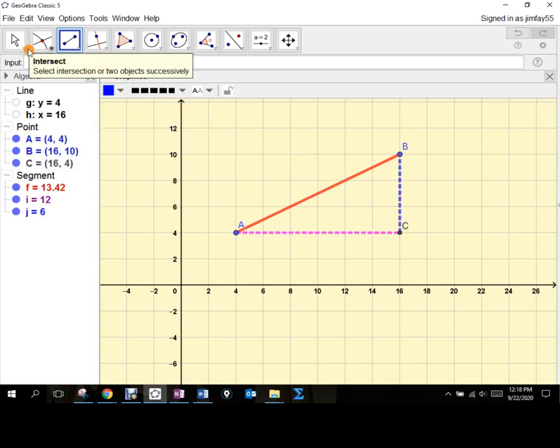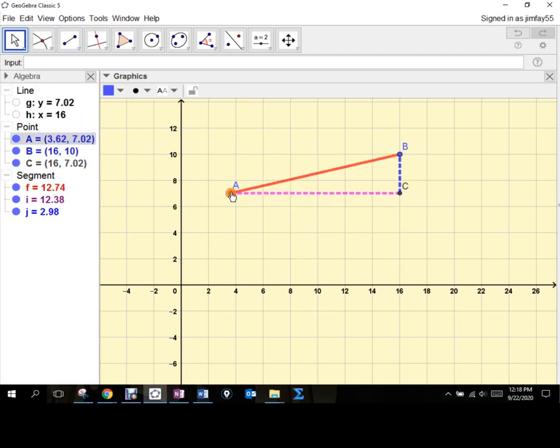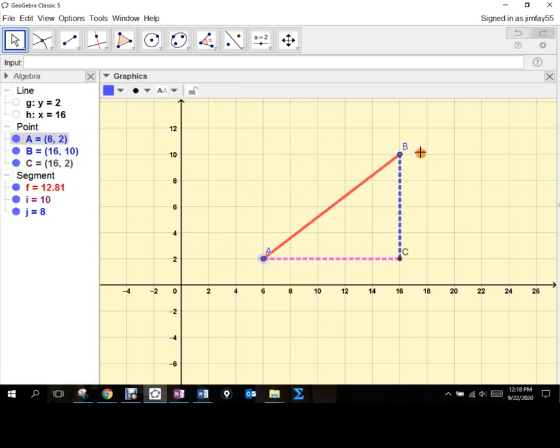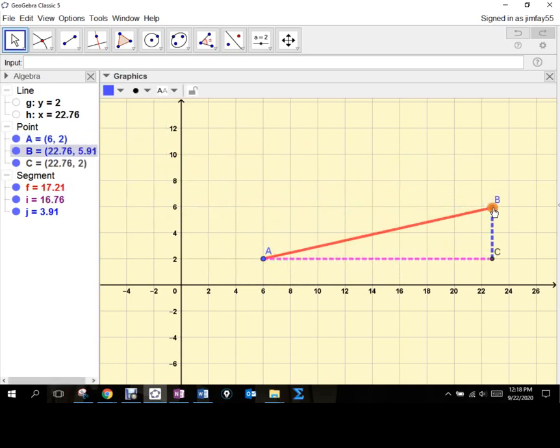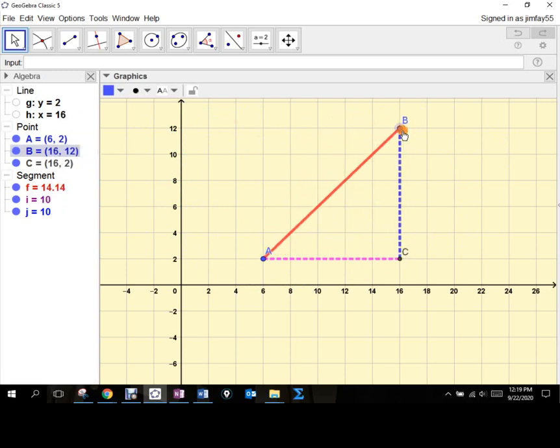So I'll make that one blue. All right. So no matter what I make with this red segment, would you agree that there is always a right triangle? No matter how I make this red segment, is there always a hypotenuse of a right triangle? Okay with everybody?